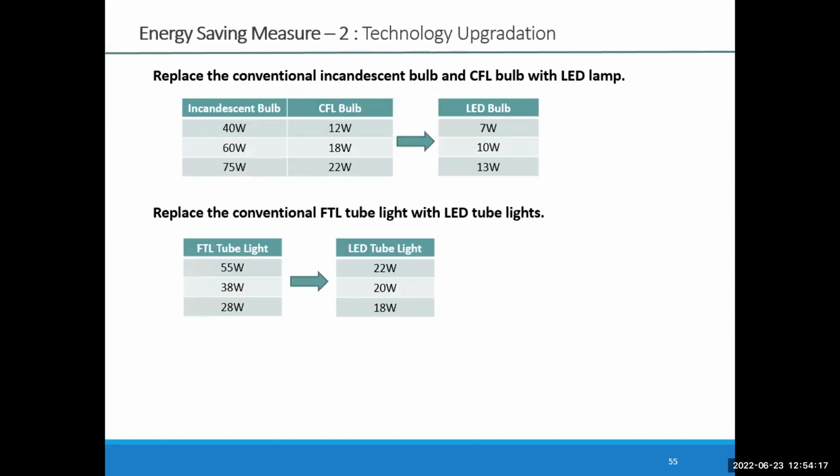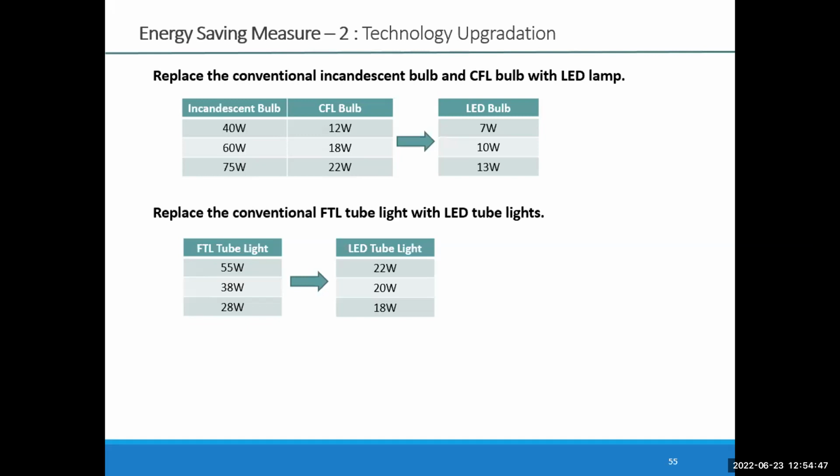So second example, as I mentioned, the technology upgradation in lighting has gone in a different way, and now LED bulbs are the most energy efficient lights available in the market. So as energy efficient retrofits, we can think of replacing the fluorescent tube lights and incandescent bulbs with LED bulbs.